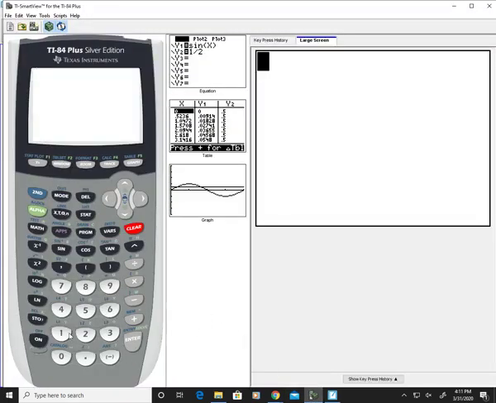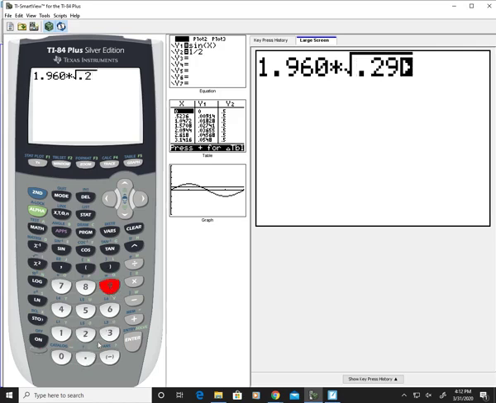Okay, so I've got my 1.960 times, and then I'm going to take out the square root here. Now when I punch this in, I'm actually going to use more decimal places because I don't want to have rounding errors.